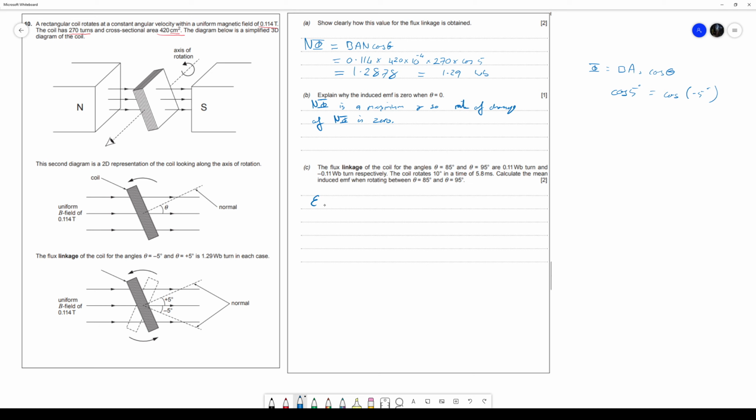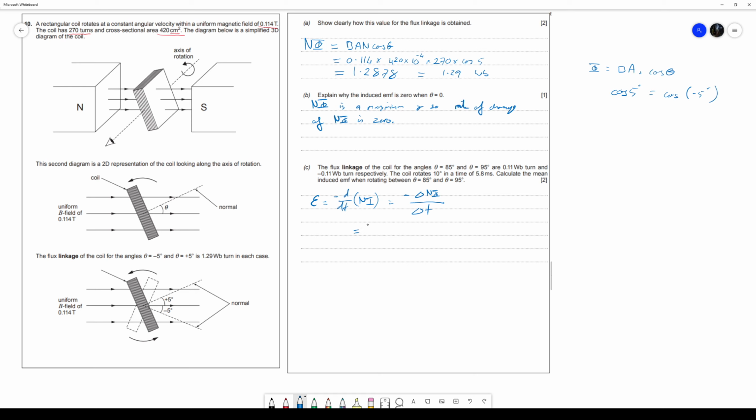EMF is equal to minus the rate of change of flux linkage, d over dt of n phi. But since we're not doing differentials or anything like that, we'll go delta n phi over delta t.